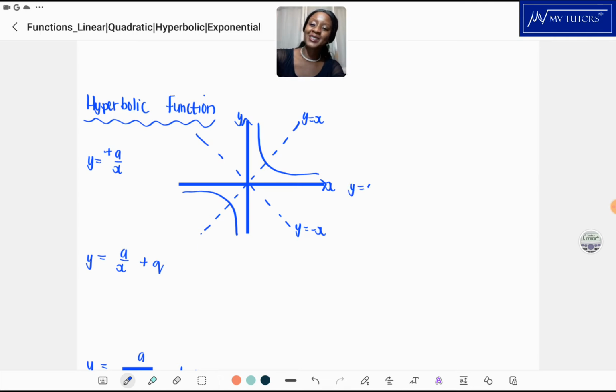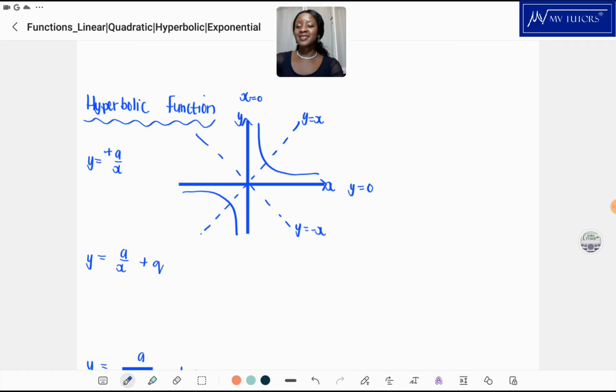And where is x equal to 0? On the y-axis. So you have your asymptote equations, axes of symmetry, and the actual hyperbola.